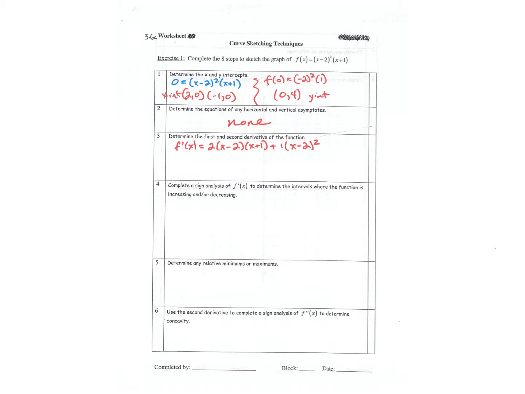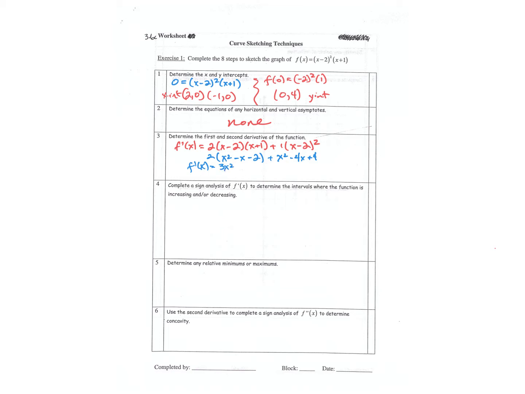All right. So let's FOIL this thing and combine. So I end up getting 2 times, what does that FOIL to? X squared minus x and then minus 2. And then plus, what does this one FOIL to? X squared minus 4x plus 4. And so I distribute my 2 and then combine like terms. So f prime is equal to how many x squareds? 3x squared.